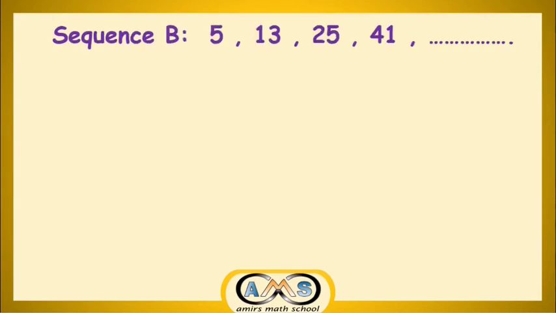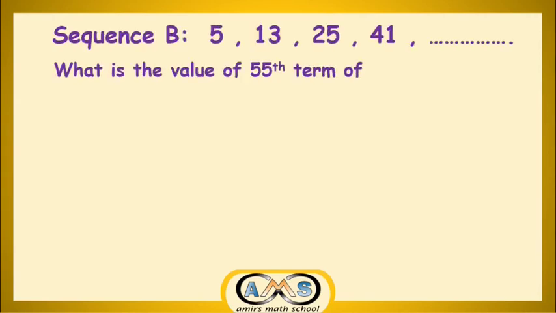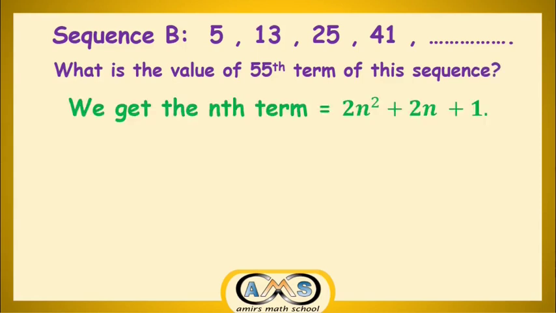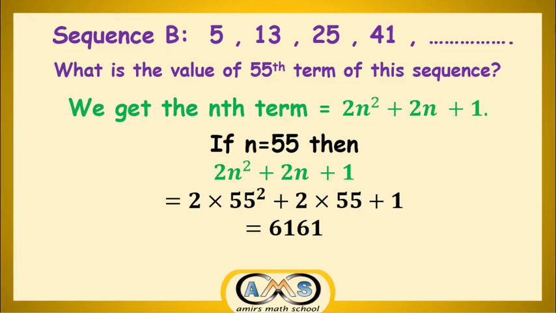Now we can easily find the 55th term of this sequence B. If we substitute n equal to 55 in 2n squared plus 2n plus 1, we get 6161, which is our 55th term of the sequence B.